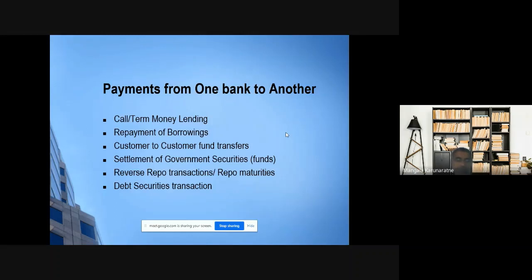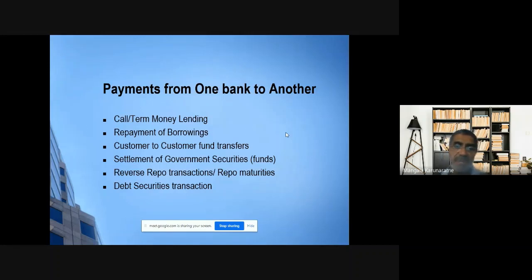So whatever it is, I have listed some main payment types to another bank. Call or term money lending, you know about this. And repayment of borrowing is another payment.